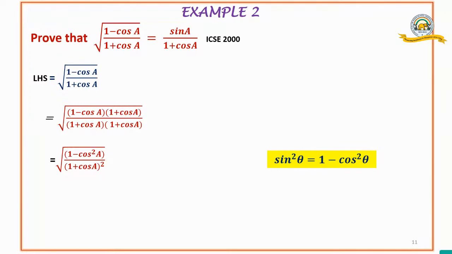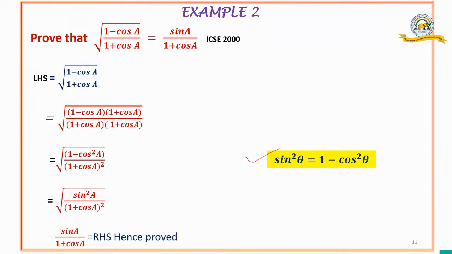Now, 1 minus cos square A, again an identity here, is equal to what? Sine square theta. So here it will be sine square A, whatever the angle is. So 1 minus cos square A is equal to sine square A divided by 1 plus cos A whole square. So under the root, now I've got both square terms. Very good.